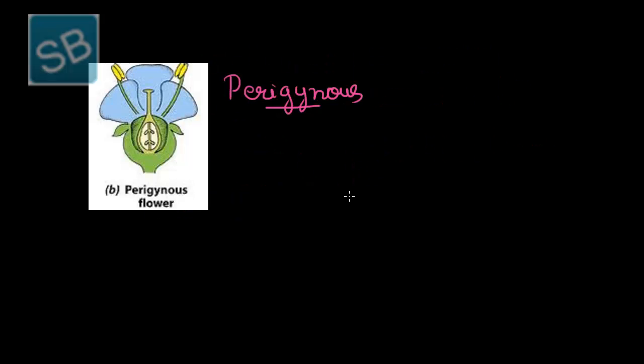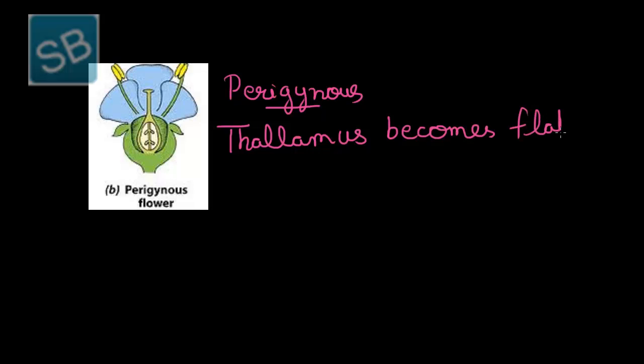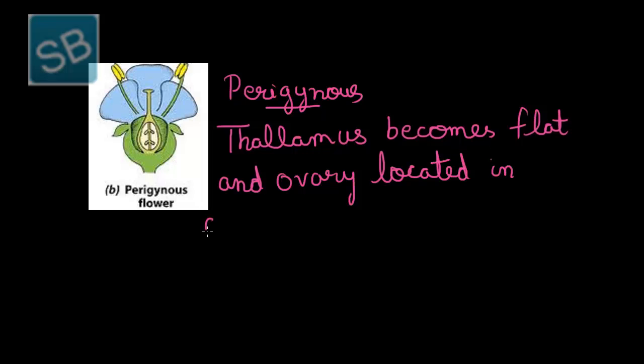Second type is perigynous. In this type, the thalamus becomes flat and ovary is located in the center, and therefore ovary here is known as semi-inferior ovary.